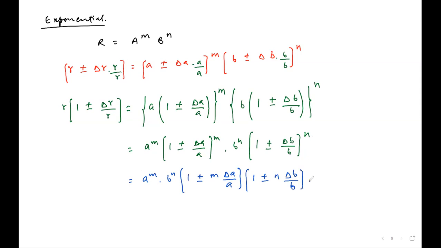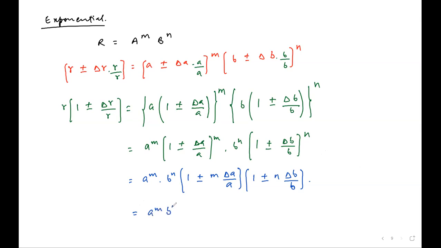I've just used binomial expansion, in which if you have (1 plus x) raised to n, this exponential will get multiplied with this coefficient. Now expand this using binomial, using distributive law.